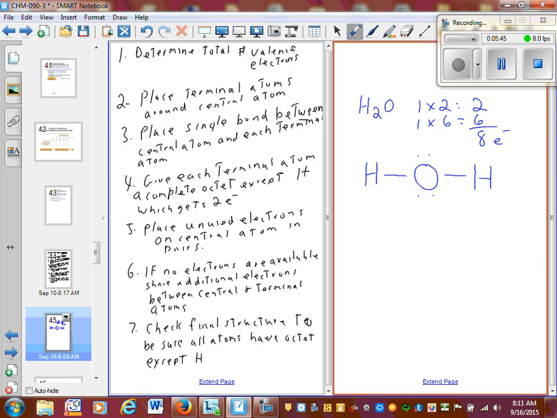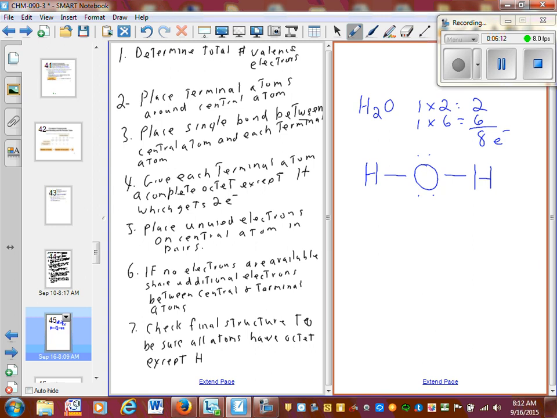That is water. Everybody's happy. Oxygen now has 8. 2 lone pairs, that's 4, and 2 single bonds, that's 4. That wasn't so hard. Right? And do you write it like that with a line? You usually put lines for the bonds. Bonds are lines, dots are lone pairs, non-bonding electrons.